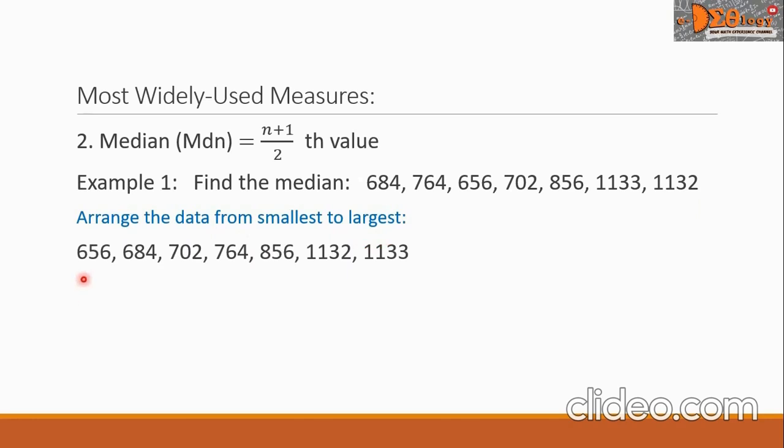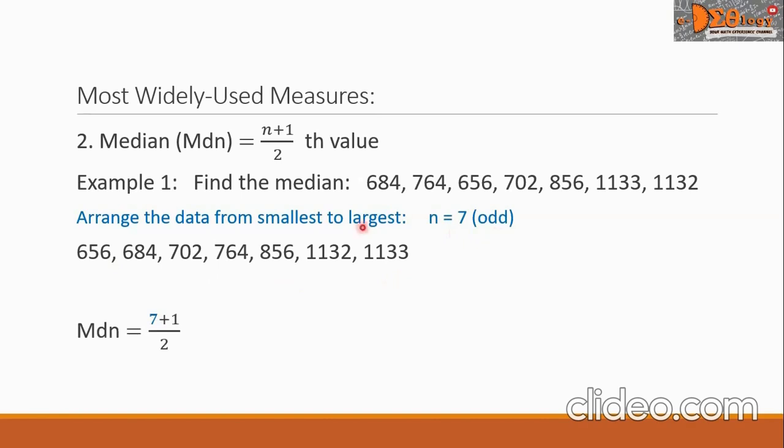So the first value will be 656, next is 684, followed by 702, next is 764, next is 856, then 1132, and the last 1133. Take note that n, or the number of data, equals 7, and this 7 is an odd number.